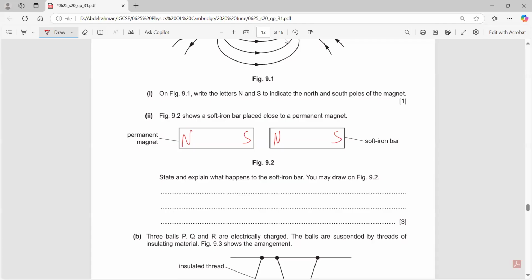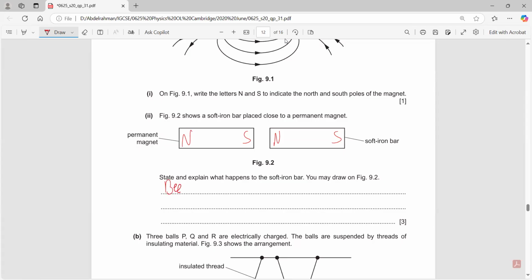How can we explain it? The iron bar is now attracted to the permanent magnet. It becomes a new magnet. It becomes a temporary magnet with opposite poles. So it's now attracted.